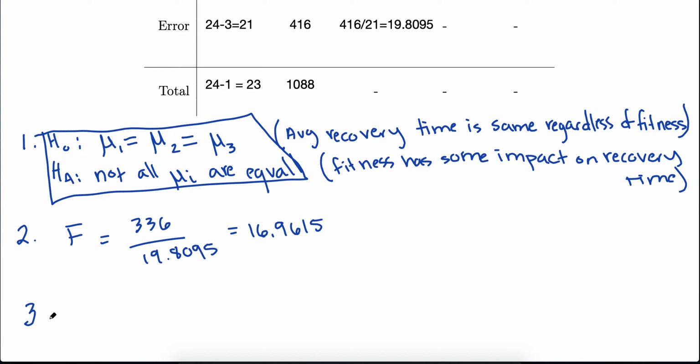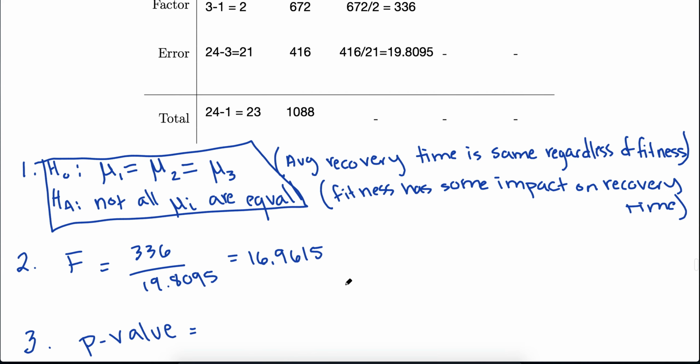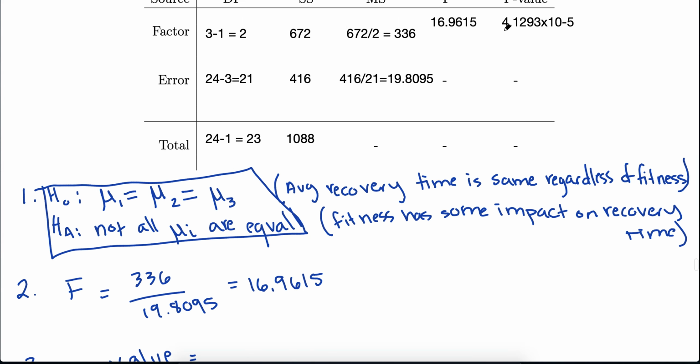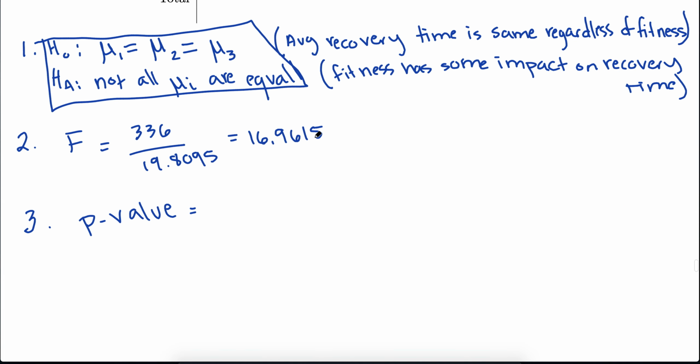The next step, we need to find our p-value. And for this class, we're just going to read that from the calculator or have that given. So we saw that was our 4.1293 times 10 to the negative fifth. And again, in this class, we're letting the calculator do all the work for us.